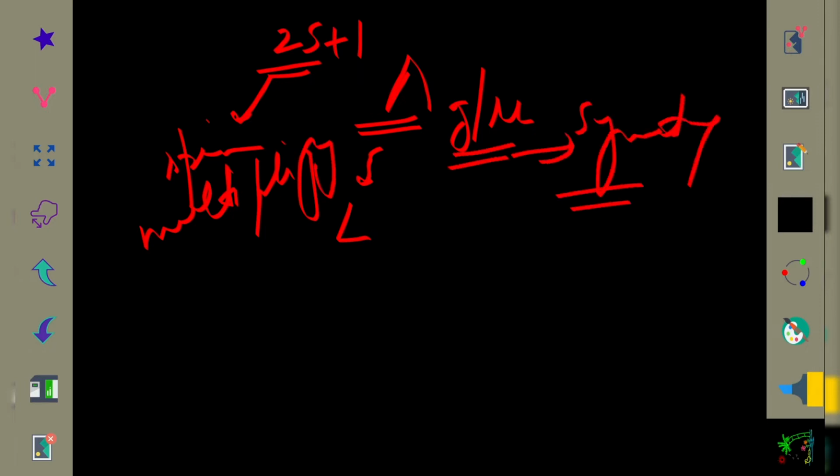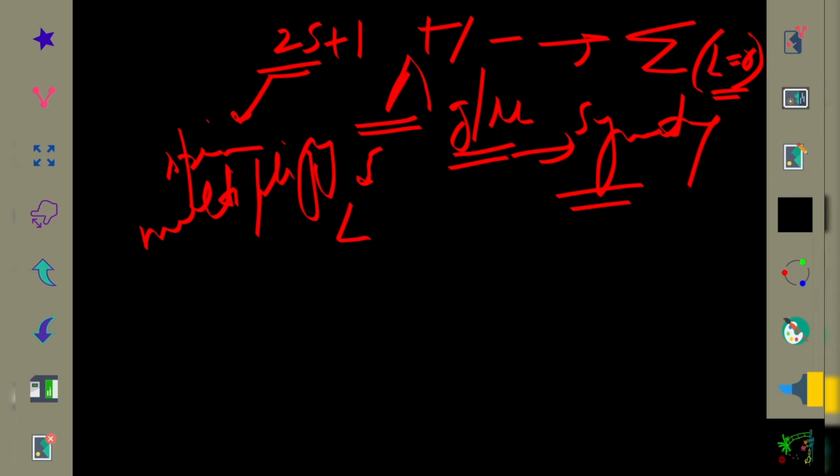Apart from this, we also use the symbol plus or minus, that is positive or negative, when we deal with the sigma state, that means when lambda is equal to 0. Fine. So let's see how we can do it.